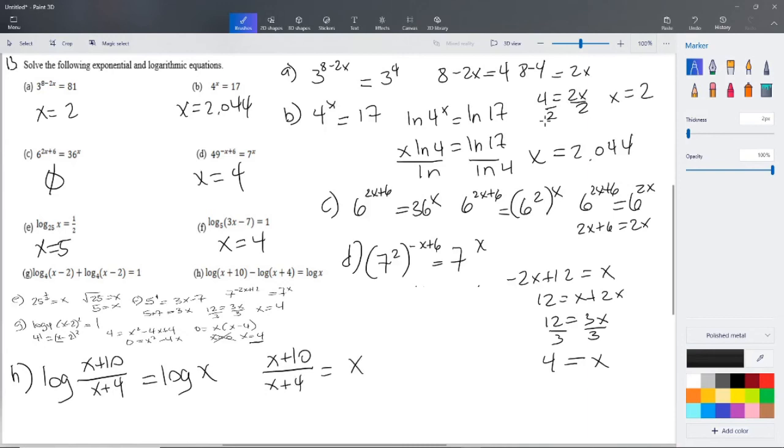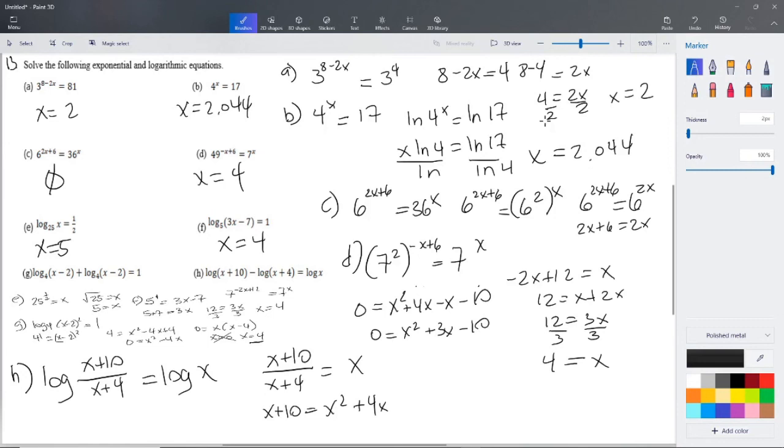We'll cross multiply here. So x plus 10 stays on the left, and when we multiply x times x, we get x squared, and x times 4, we get 4x. We want to bring everything on the left to the right and set it equal to 0. So 0 equals x squared plus 4x minus x minus 10, or 0 equals x squared plus 3x minus 10.